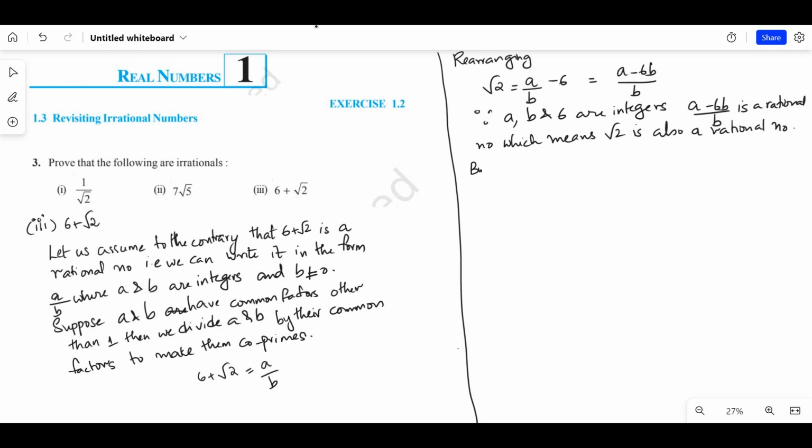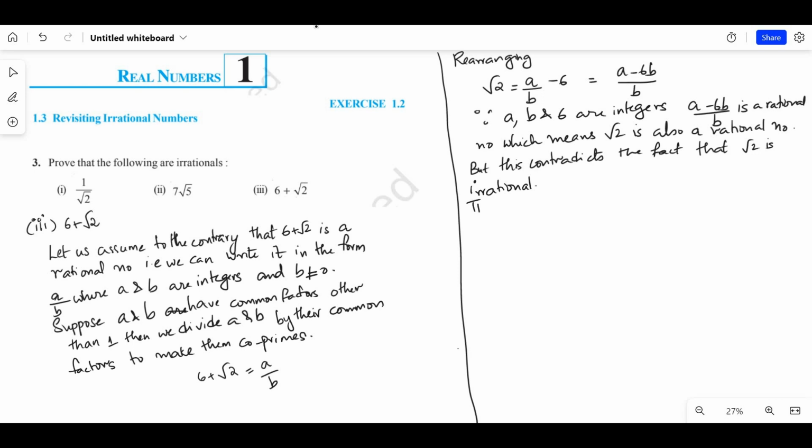But this contradicts the fact that root 2 is irrational. We have already studied the theorem where we have proved that root 2 is irrational.